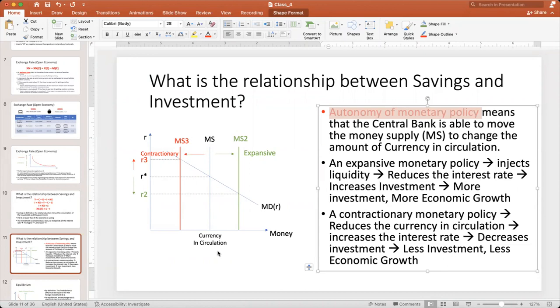It reduces the currency in circulation, reduces the money that is available in the pockets of the people, and that increases the interest rate because money at this moment is more scarce, so its price is higher. However, that will decrease the investment because the interest rate is higher. So less investment, less economic growth.